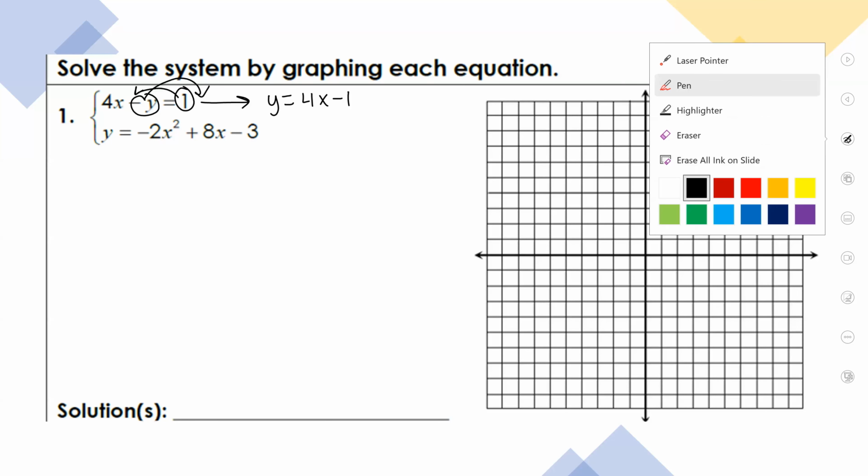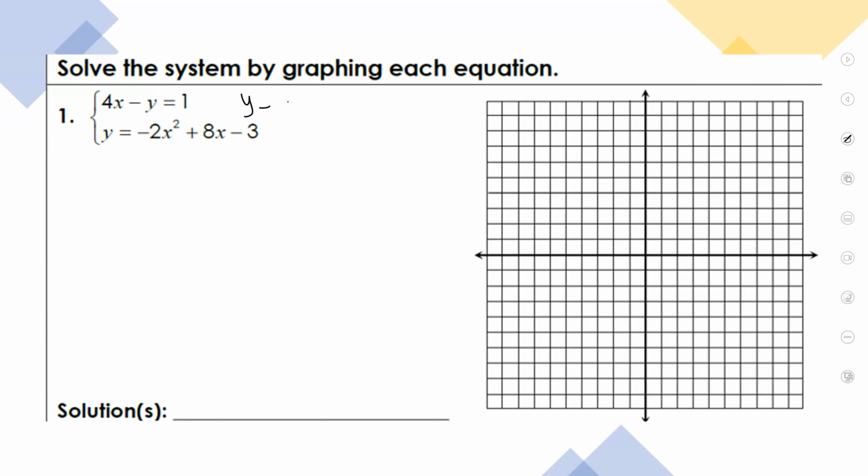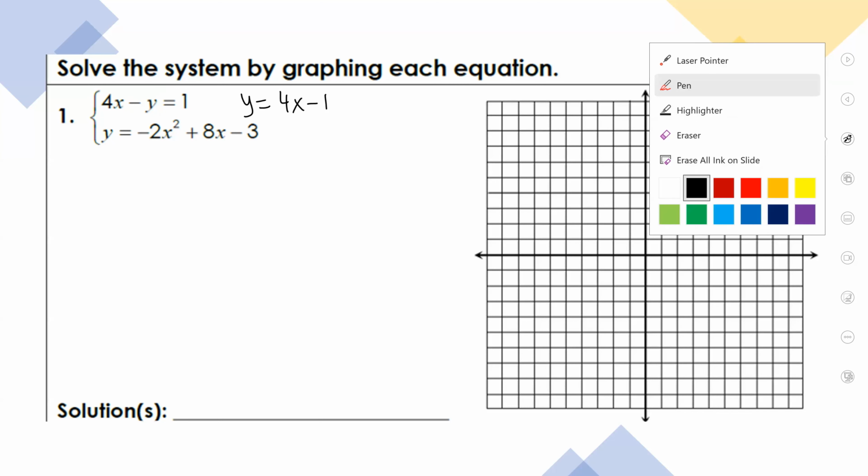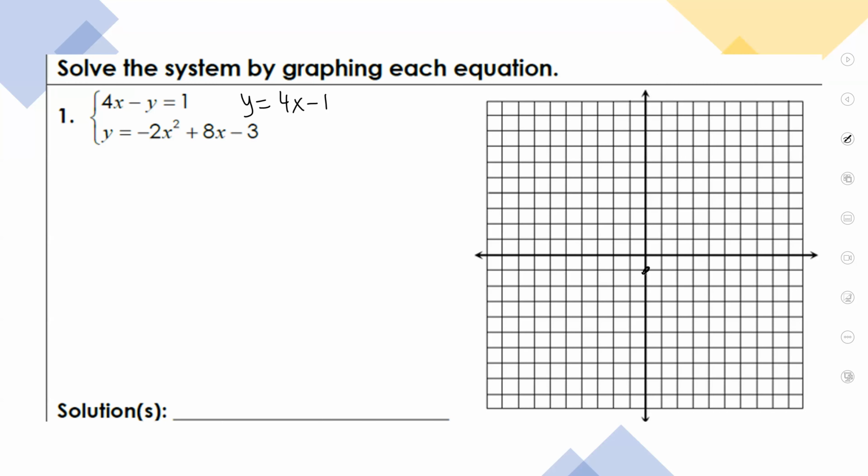So we rewrote that equation as y equals 4x minus 1. So let's go ahead and graph that. My y-intercept is negative 1. I'm going to graph this in black. I'll graph my other graph in red. And then my slope is 4, so I'll go up 4 over 1. And this is my line. You can also go this direction. Okay, so that is my linear graph.